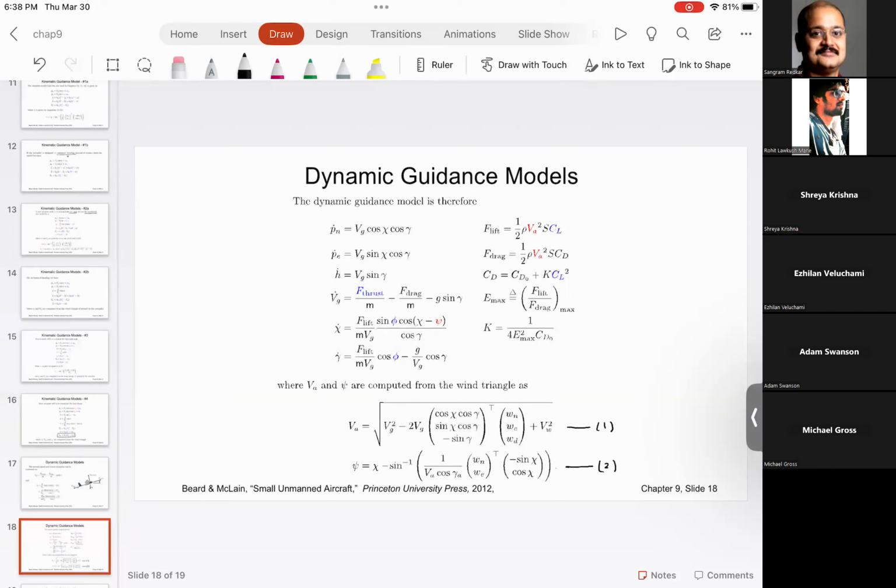We are going to use the sensor data that is coming from the aircraft sensors, like accelerometers and gyroscopes. And in between, sensor data is noisy, so you would have some type of estimation scheme that will take this noisy sensor data and feed that data to these equations so that these equations can propagate.